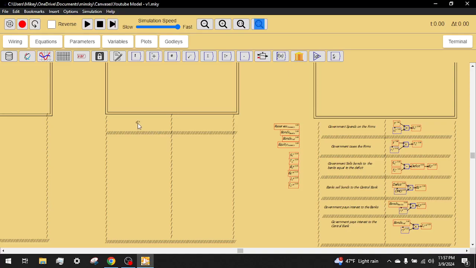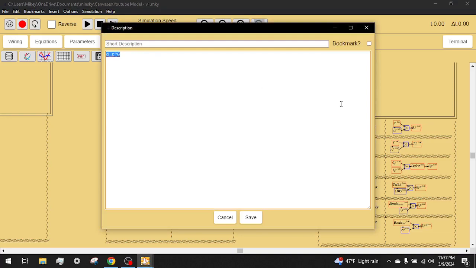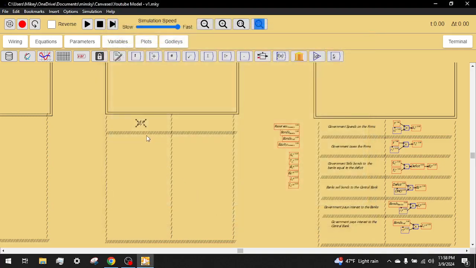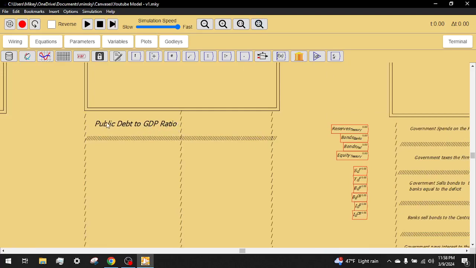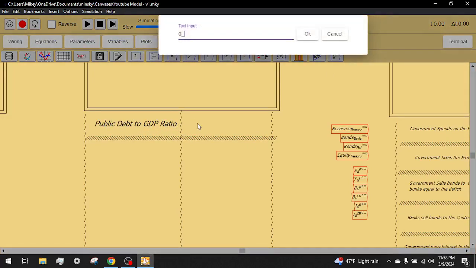Oops. This is my note. So this is going to be the public debt to GDP ratio. Okay. There we go. Public debt to GDP ratio. And the public debt to GDP ratio will have the symbol debt sub ratio of the government.